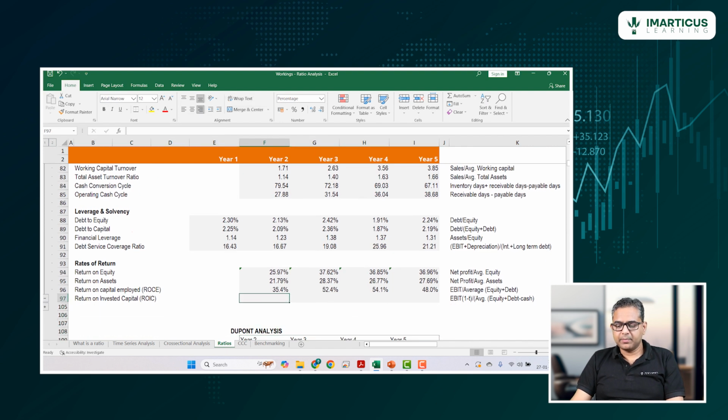Return on invested capital is EBIT into 1 minus T, that is NOPAT, net operating profit after tax, upon average of equity plus debt minus cash.